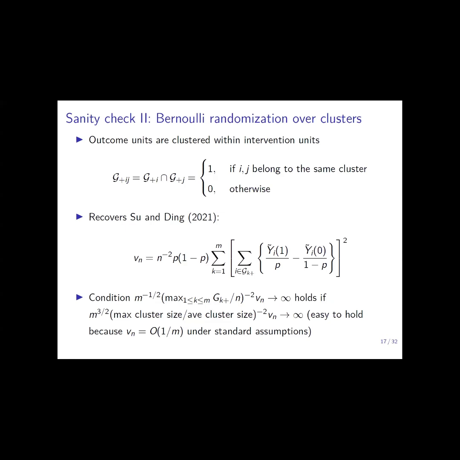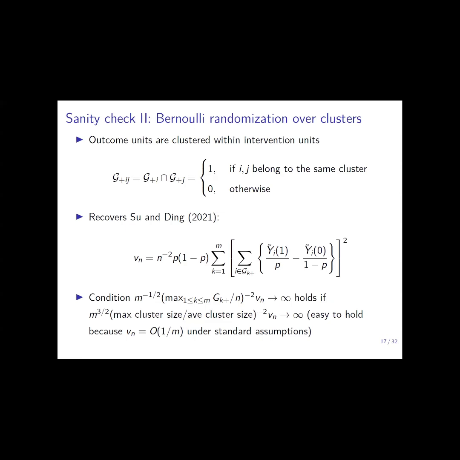This is m to the power of this number. There's an annoying quantity here: the ratio of the maximum cluster size divided by the average size. What does this mean? It means there are no dominating clusters, no cluster that's super large compared to the average.